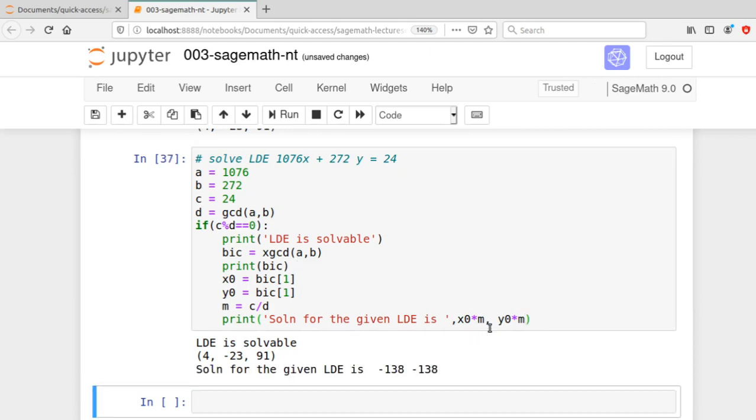The solution for the given LDE is minus 1, minus 1. Let us see if it's correct or not.